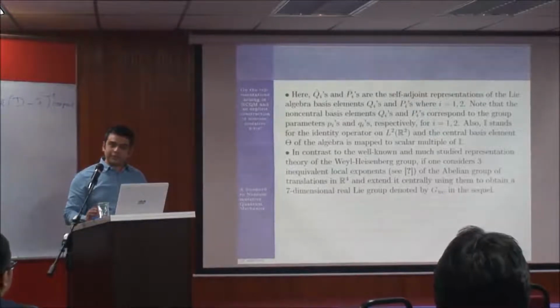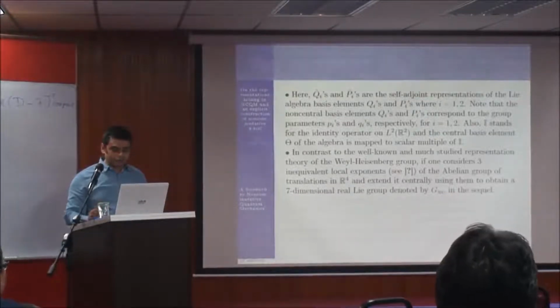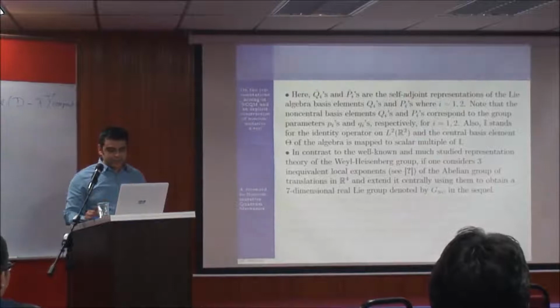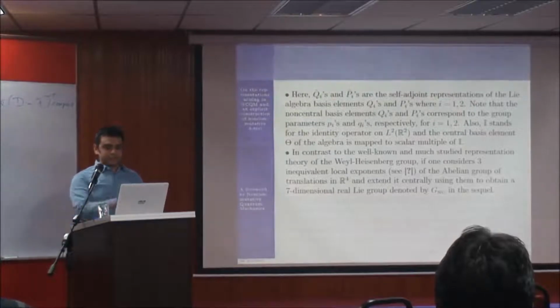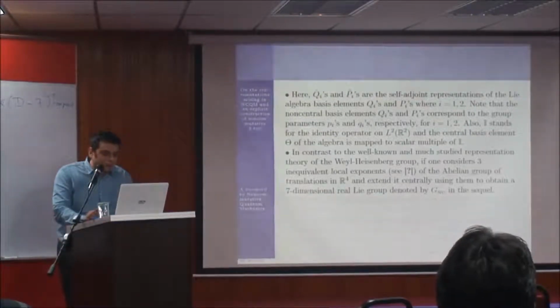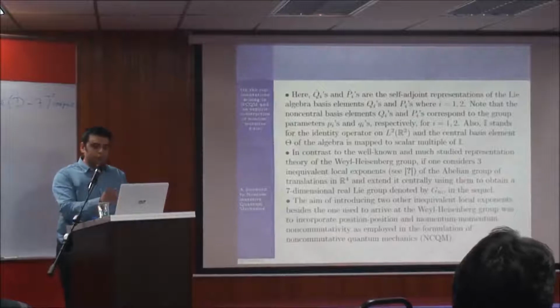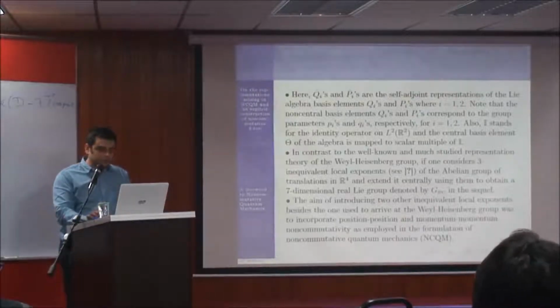In contrast to this, we have another group which we tried to study rather deeply, which is a 7-dimensional real Lie group with the group multiplication rule that I will show you in a minute.